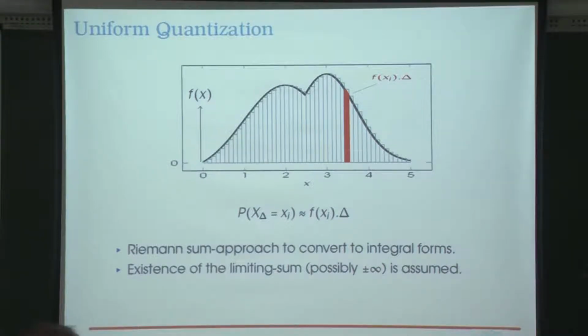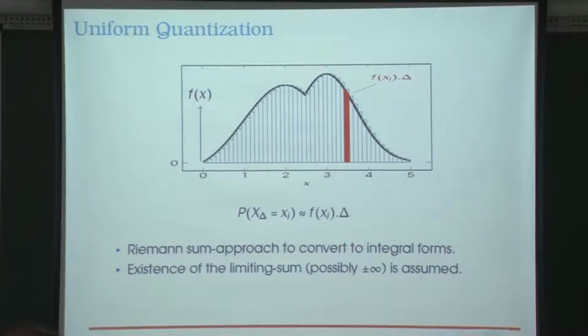Right. So, using this we can compute probabilities and we can keep computing discrete entropies, because we know the probabilities. Then for all integrals we will take a kind of Riemann sum approach. Can we approximate these sums by Riemann integrals? In all the talk, in all the class, we will assume that such limiting sums exist, because every time I write it I would have to make a discussion whether that integral or the limiting sum exists or not.